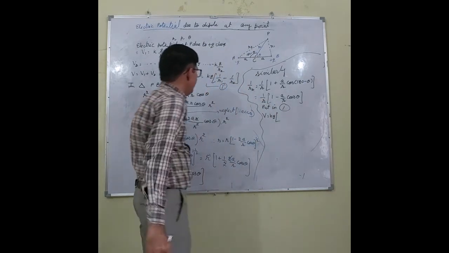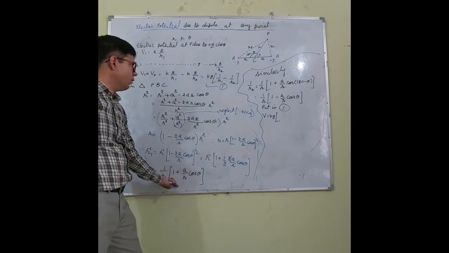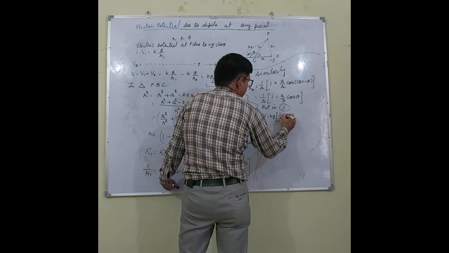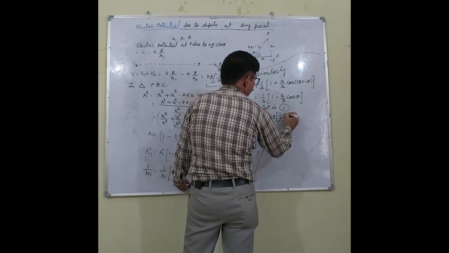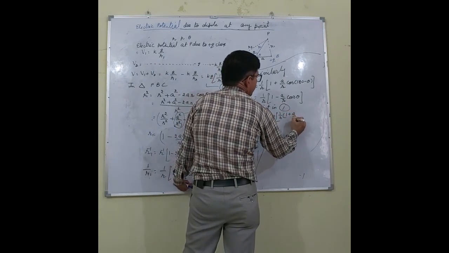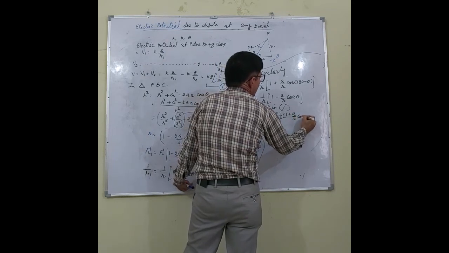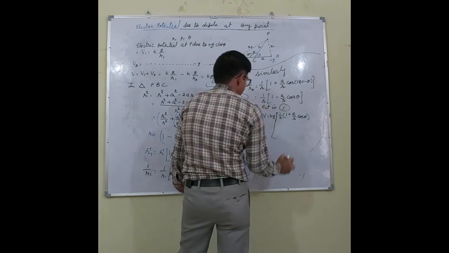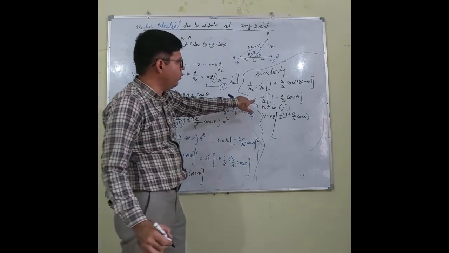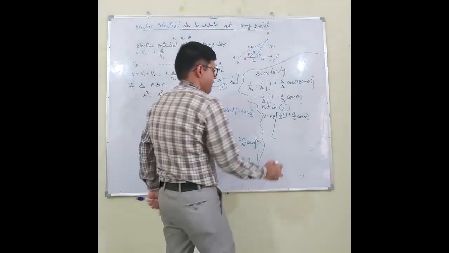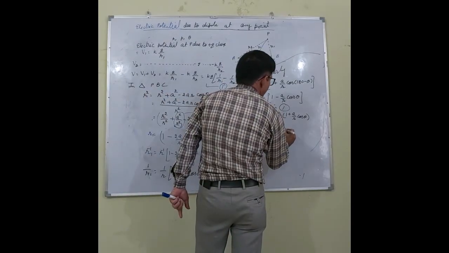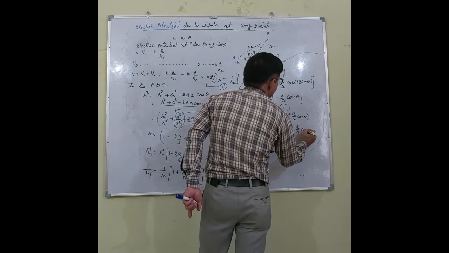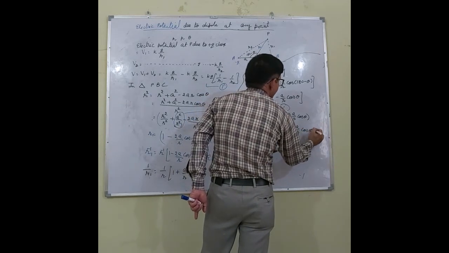In place of 1 by R1, I will write 1 by R multiplied by 1 plus A by R cos theta. And in place of 1 by R2, I will write minus 1 upon R times 1 minus A by R cos theta.